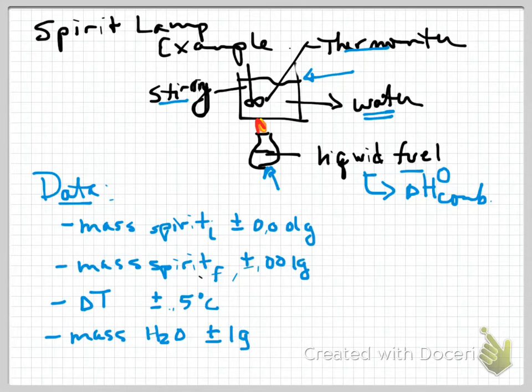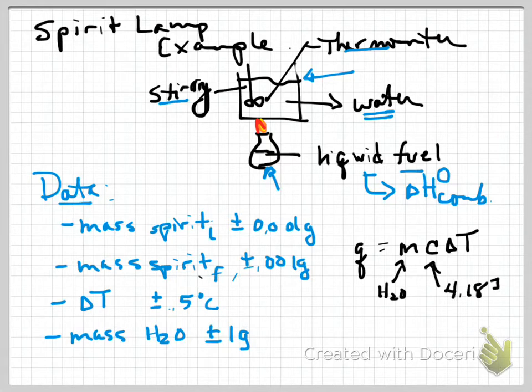If you remember from the energetics, we are going to use the formula Q is equal to mc delta T, where the mass is going to be the mass of the water. The heat capacity is taken to be that of water, grams degrees Celsius, and the change in temperature will be the change in temperature of the water.